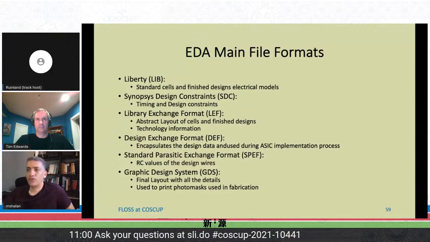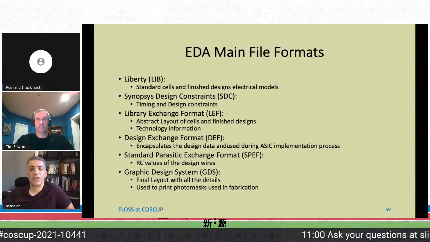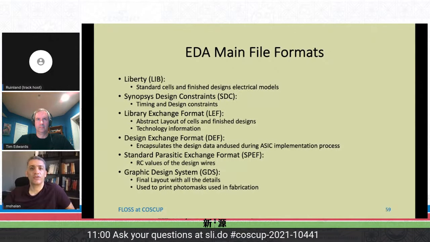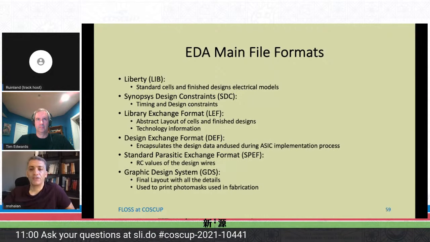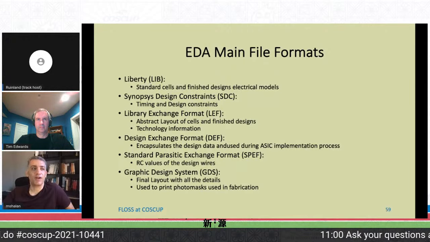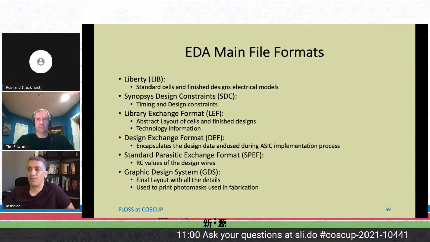Design exchange format, or DEF, encapsulates the design data during the ASIC implementation process. When you do floor planning, the end result will be in the form of a file which will be passed to the placer, which will add the placement information to the same DEF file, and then when you do routing, the routing information will be added to the same DEF file.